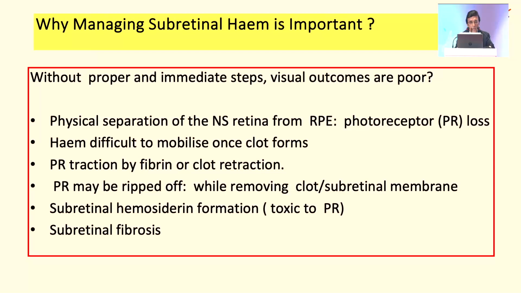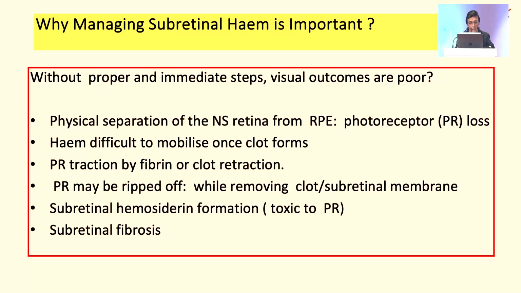So why is managing subretinal heme important? It is because it causes physical separation of the neurosensory retina from the RPE, causing photoreceptor loss. The heme becomes difficult to mobilize, and that happens pretty rapidly because of clot formation.